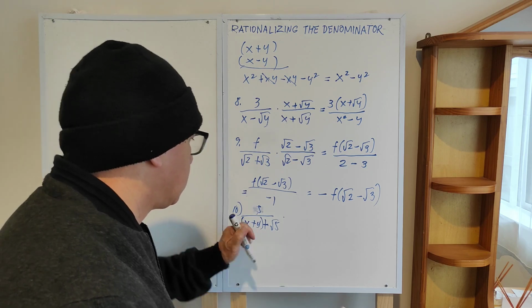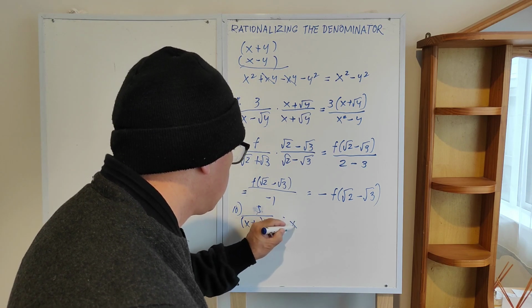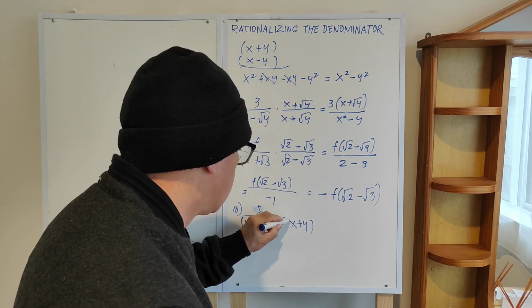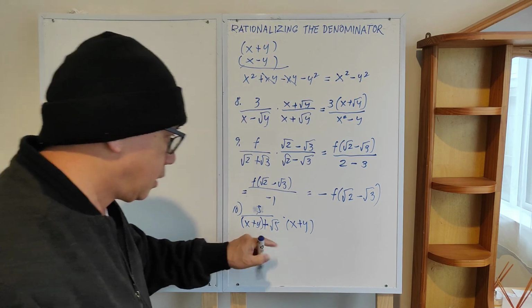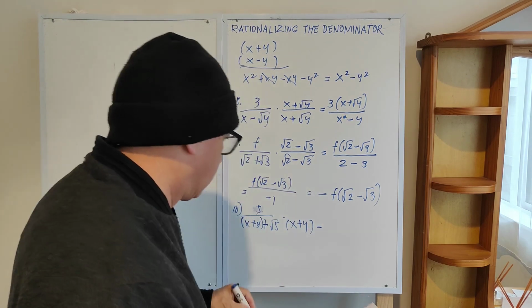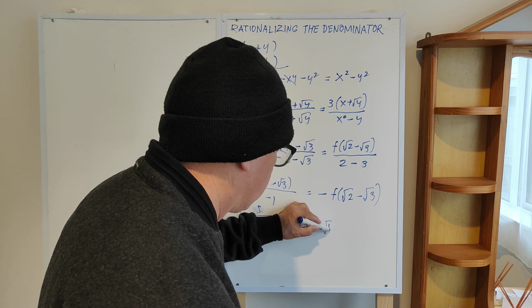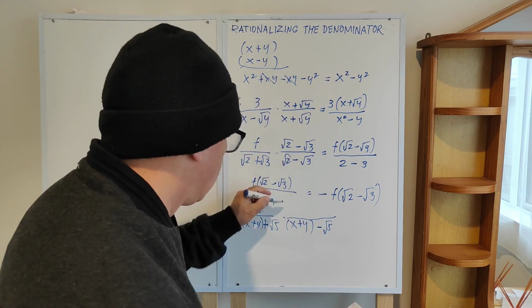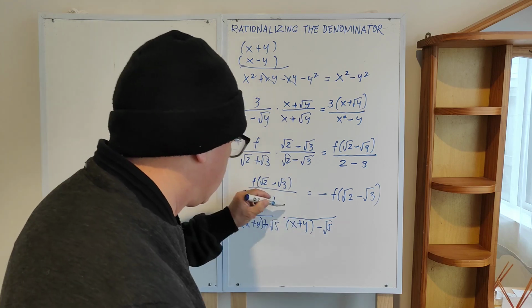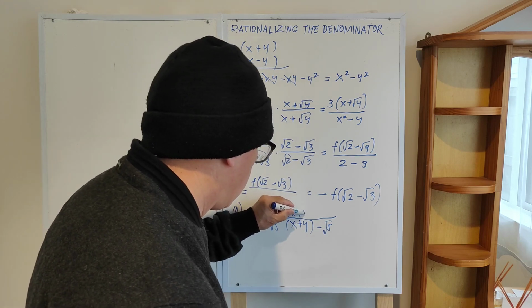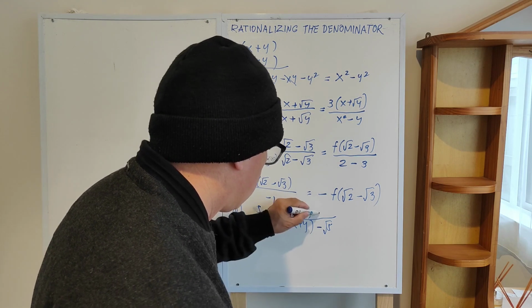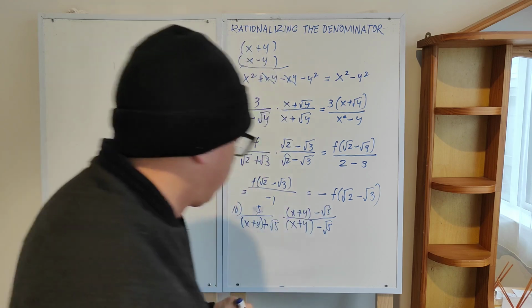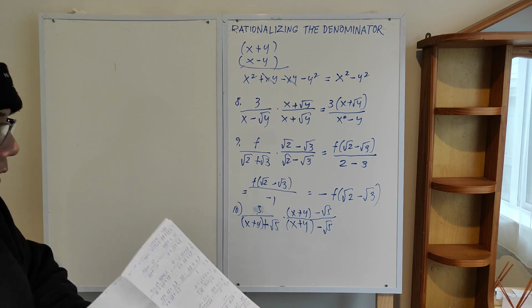So we just copy x plus y as a single term. This is addition, so we make it into subtraction times the square root of 5. And whatever is in the bottom should be the same on the top, x plus y minus square root of 5. So these are now conjugates.